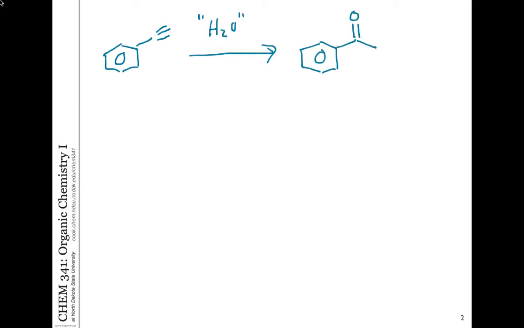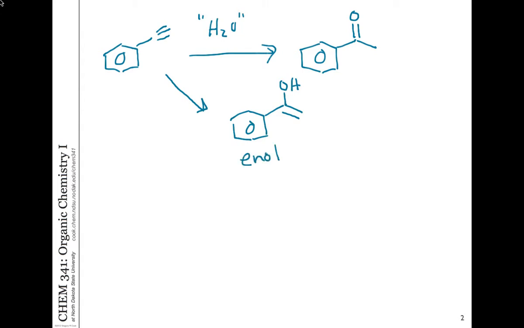Notice it's Markovnikov selectivity. The oxygen ends up on the more substituted carbon if it's a difference on either end of the triple bond. But it doesn't stay as the OH, right? Because that second double bond forms initially. So if you add hydrogen and water across one of the pi bonds, you get the enol.